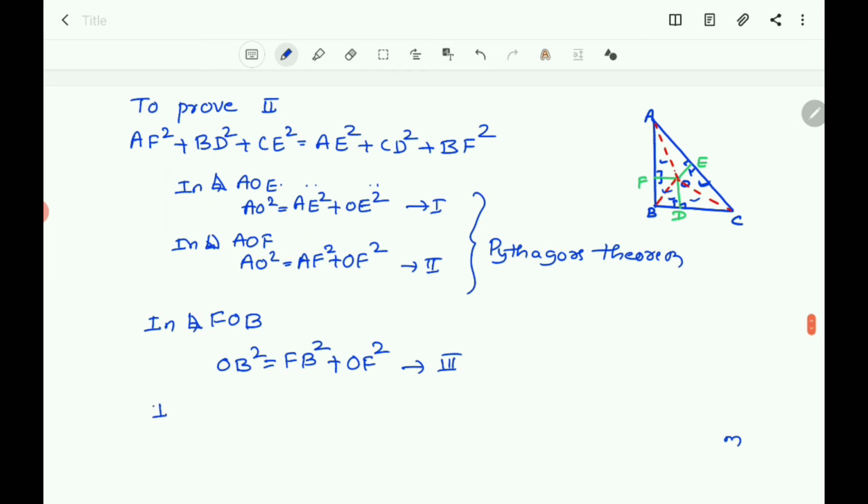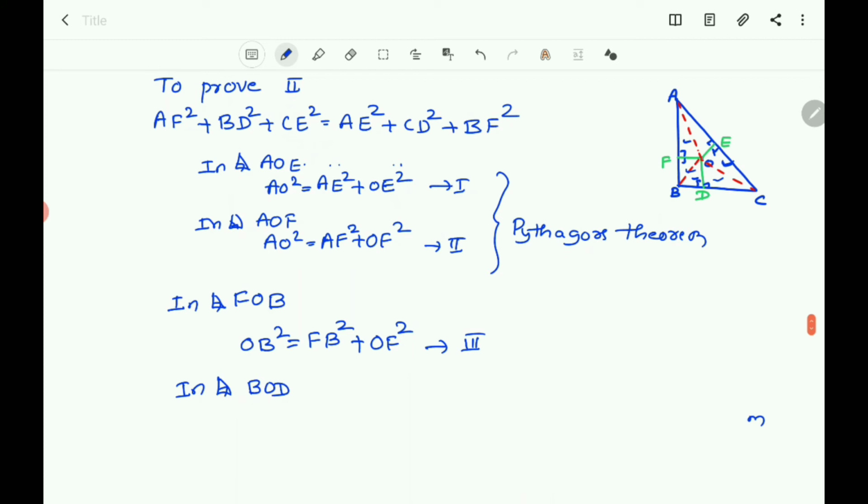And also in triangle BOD, apply the Pythagoras theorem; again you will get OB square is equal to OD square plus BD square.